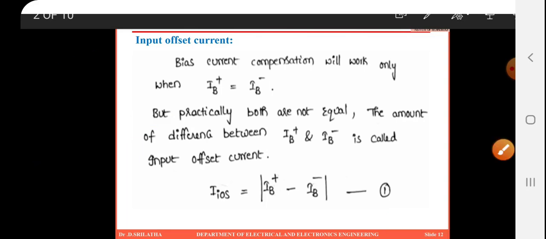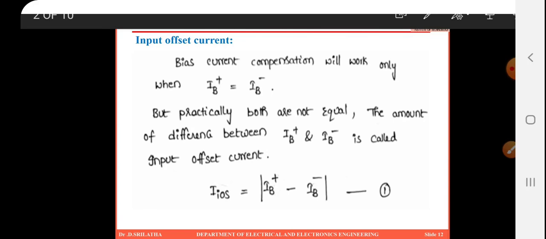Bias current compensation will work only when these two bias currents flowing through the op-amp terminals are equal. But practically, both bias currents will never be equal. This is because of the small difference or mismatch in the transistors used for op-amp construction during the fabrication process.